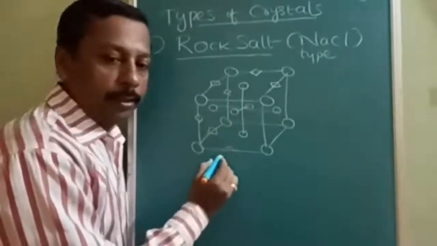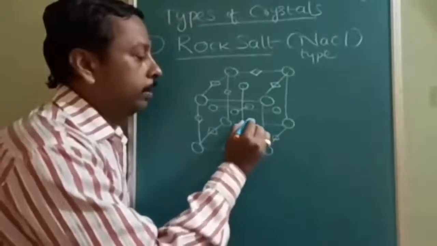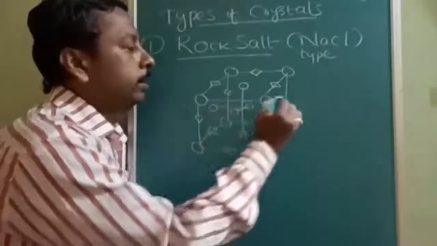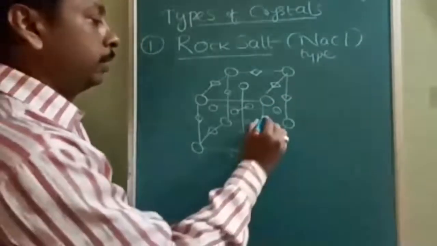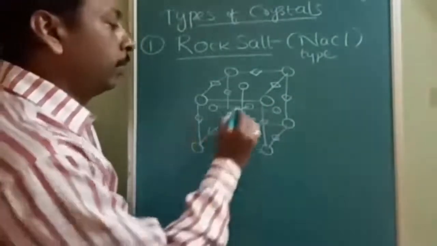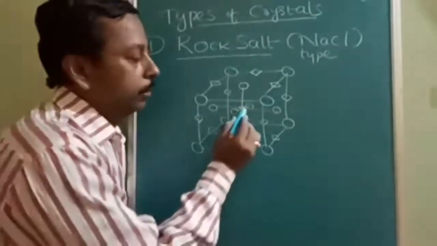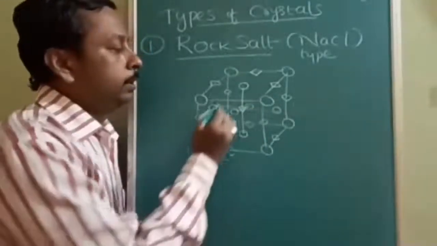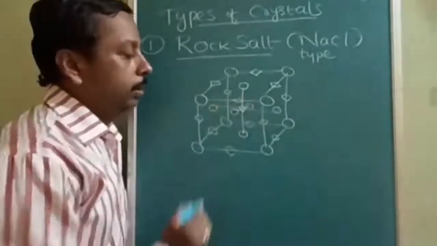Likewise, there will be 12 edge centers. These 12 edge centers will be occupied along with one body center. So this is also sodium. This is the crystal structure of sodium chloride.